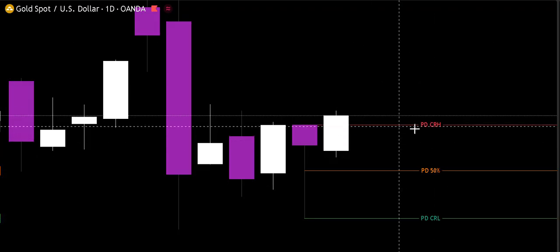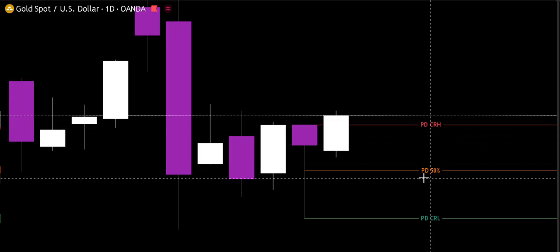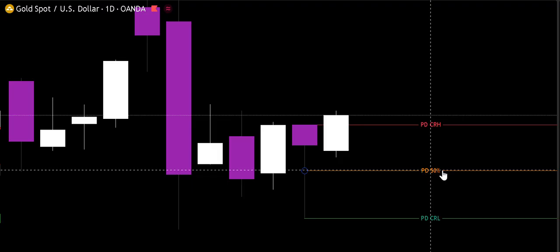Remember guys, I told you P stands for previous, D stands for day, C stands for candle, R stands for range, H stands for high. Here in the middle, P stands for previous, D stands for day, and 50% is the middle of a full day.